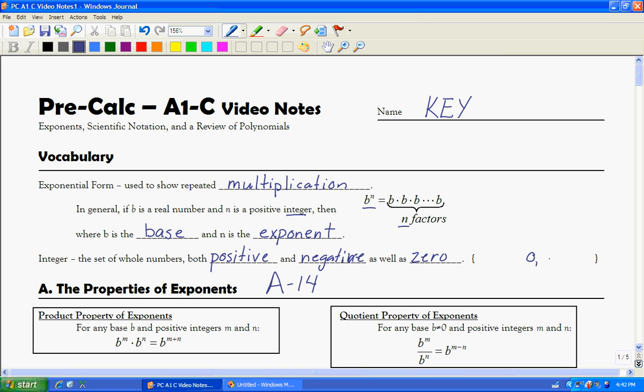We want positive integers, so 1, 2, 3, etc. to infinity. And then we need the negative integers, so we're going to put those to the left, -1, -2, -3, and that comes from negative infinity, and then we're going to put the braces around each side for our set notation.